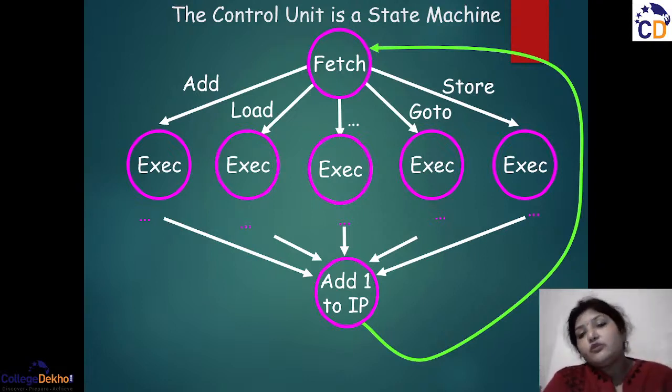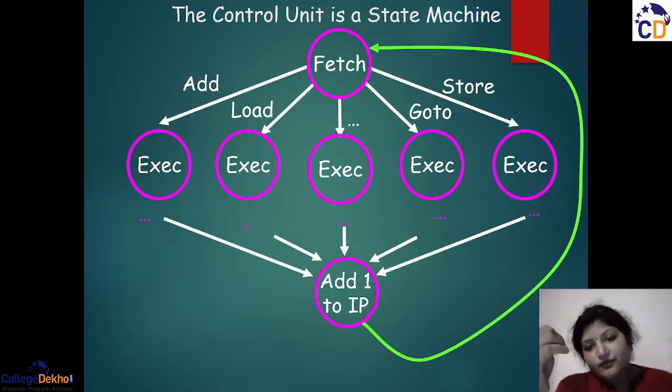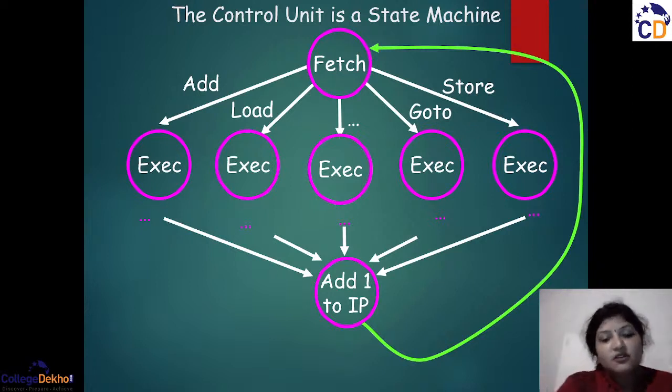We are not moving to the next instruction, and the registers will be holding the same value, right? So it's very important to add 1 to the instruction pointer, which is holding the address of the next instruction. I hope these concepts are very much clear.